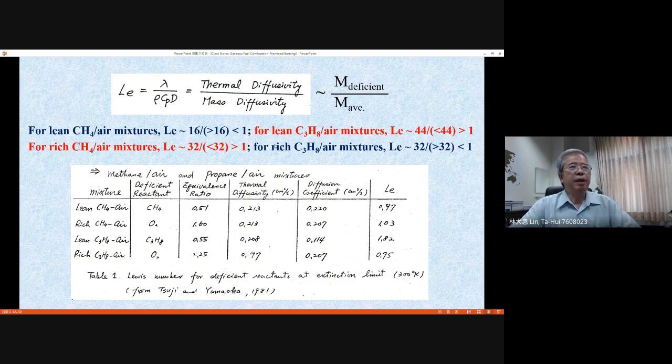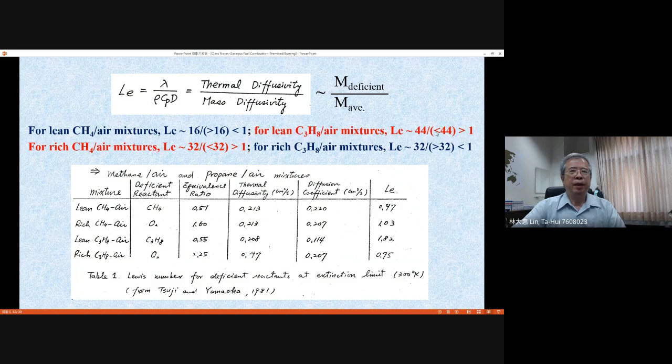The other case is lean propane-air premixtures. You do it in a similar way. Now propane is the lean component, right? You put the molecular weight of propane, 44, in the numerator, and in the denominator we think about the average molecular weight of the mixture. Actually, air contains nitrogen with molecular weight 28 and oxygen with 32, both lower than the 44 of propane, right?